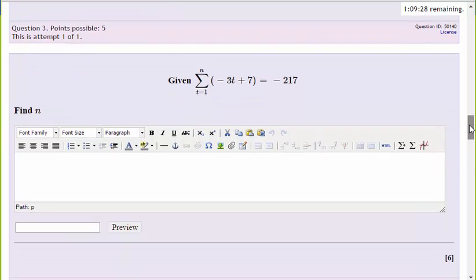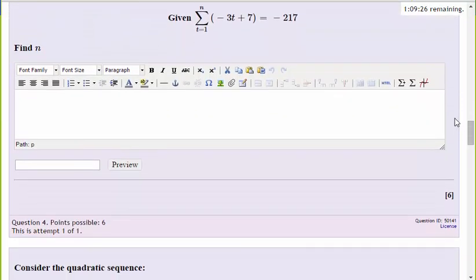Oh, here we go. How do you know whether this is geometric or arithmetic? I know we haven't discussed geometric yet, but just by looking at this, you can substitute t.